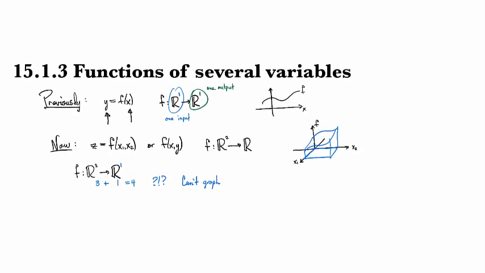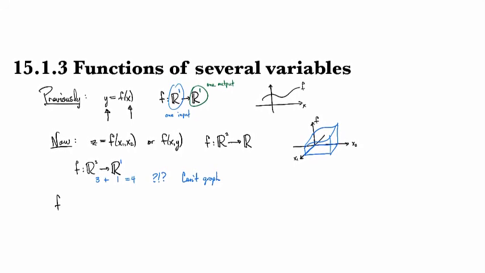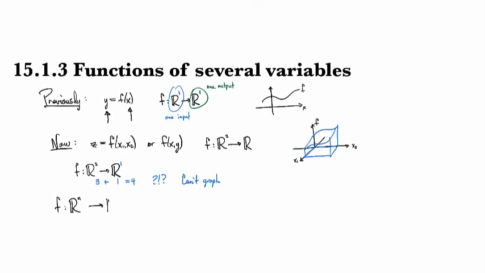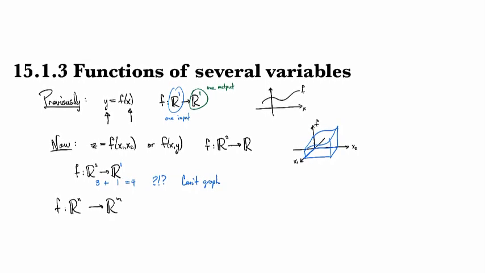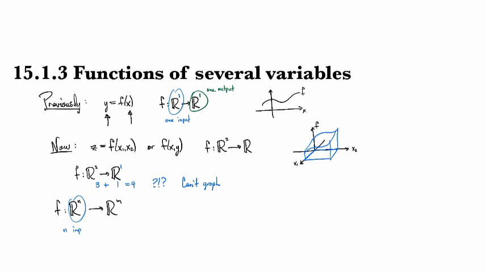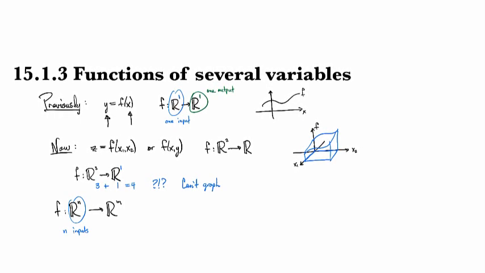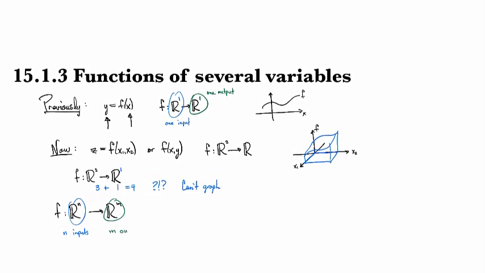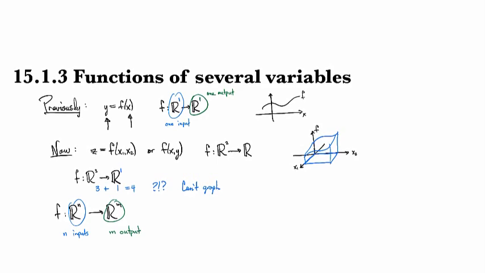So let's encapsulate this discussion. When I say f is a function from Rn to Rm, this means that it has n input variables and that it has m output variables.